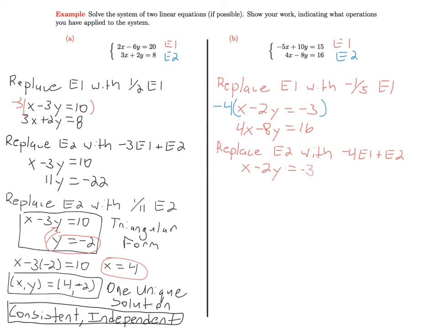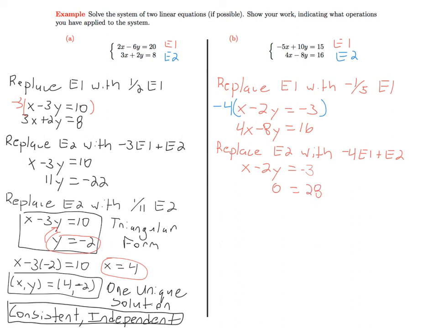So the x's cancel. I get up here 8y minus 8y, so the y's also cancel. So on the left side of the equation, I get 0 since all of the terms cancel on the left side. And on the right side, we get minus 4 times minus 3, that's 12. And 12 plus 16 gives us 28.